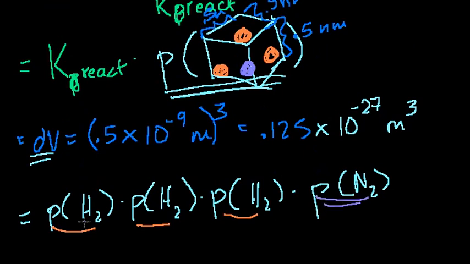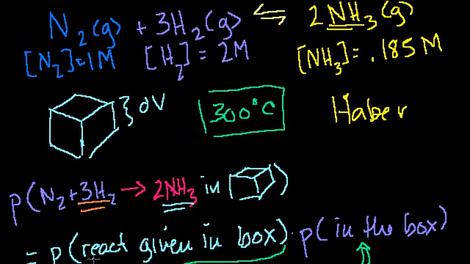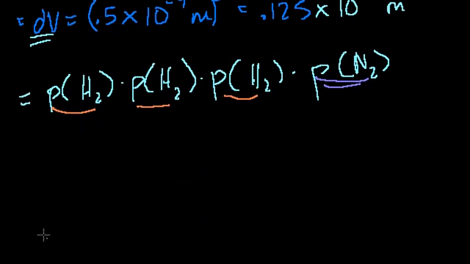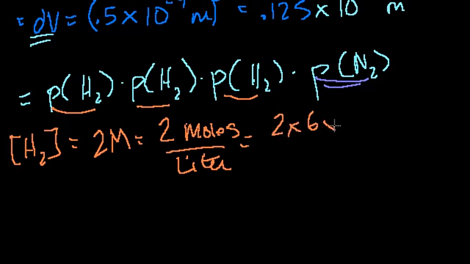What's the probability of having hydrogen in the box? Well, we know hydrogen's concentration at equilibrium is 2 molar, which is 2 moles per liter, which is equal to 2 times 6 times 10 to the 23rd power.